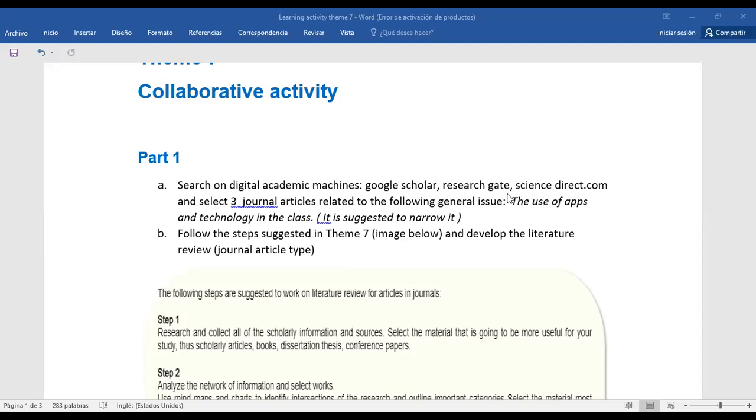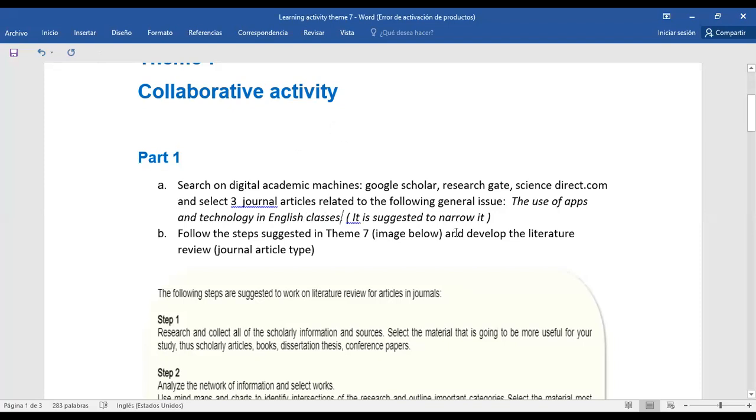And maybe you are not going to find literally this topic. So make it narrow and write there in the document, and you are going to search about this specific app or technology, okay? In the English class, let me write here, because then you give me examples of the mathematics class. In English classes, okay.